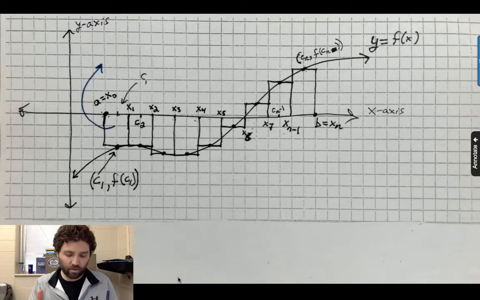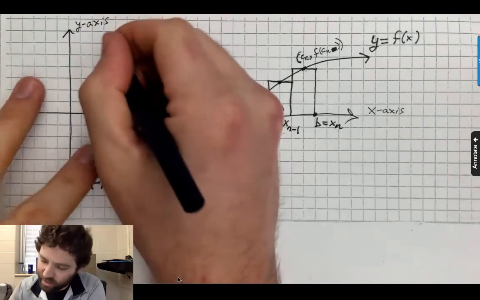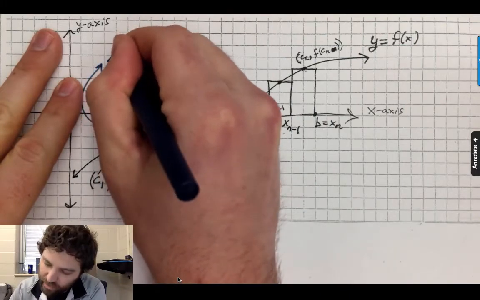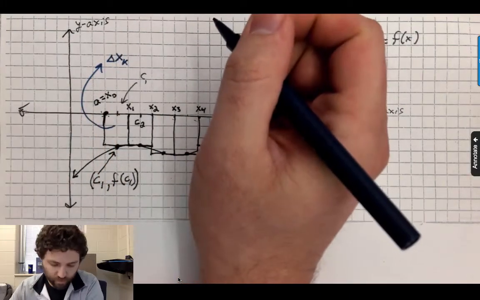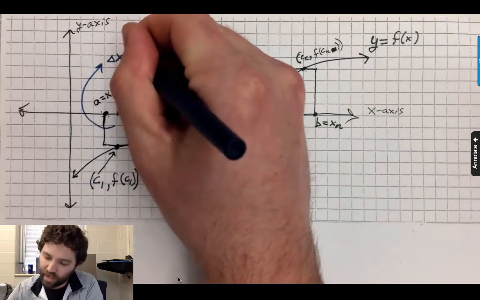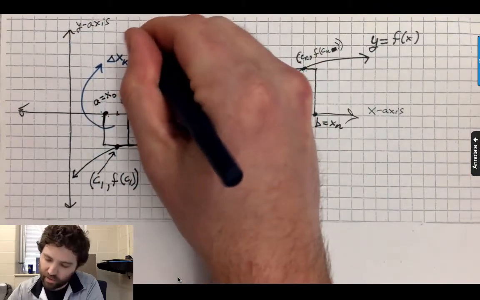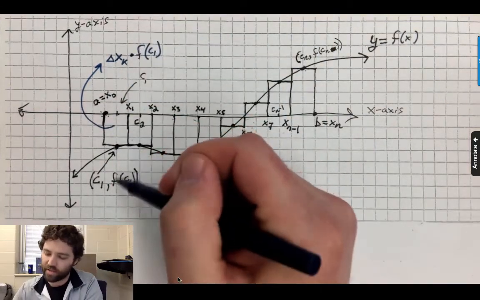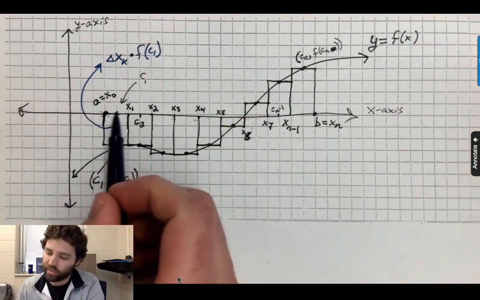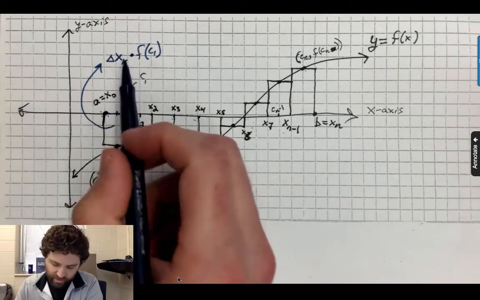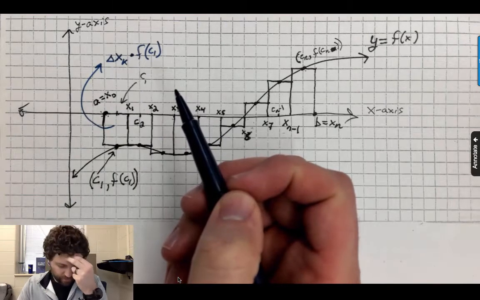And what we're going to do is call that delta, that means change in, x sub k. All right? And that width is going to be multiplied by the function height at c sub 1. Okay, so the height of this rectangle is f of c sub 1. The width here is going to be delta x sub k, right?